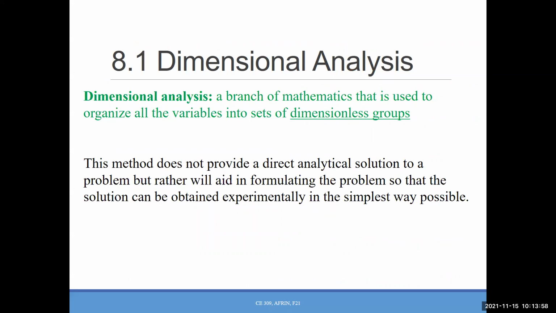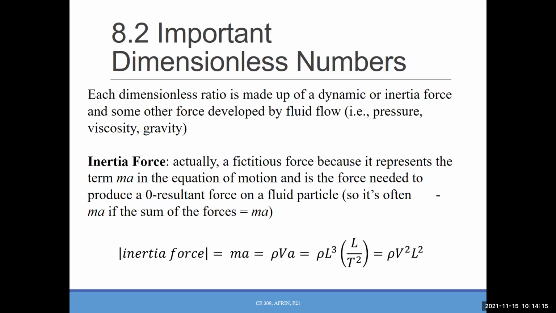Now, this method does not provide a direct analytical solution, like you will not get any solution number-wise, but it will help you to obtain the least number of experimental values possible in a very simple way. Now, since we are planning to develop some dimensionless numbers from the dimensional analysis, we need to discuss a little bit about what dimensionless numbers are available in fluid mechanics.